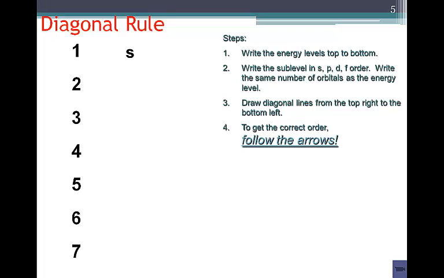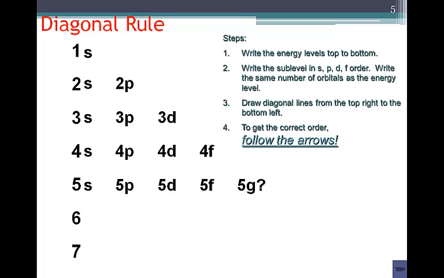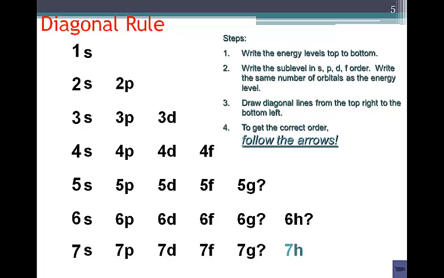Remember, energy level 1 has 1 sublevel. Energy level 2 has 2, the S and the P. Energy level 3 has 3, the S, P, and D. 4 has 4, 5 has 5, 6 has 6, 7 has 7. We then write arrows starting in the top right to the bottom left.